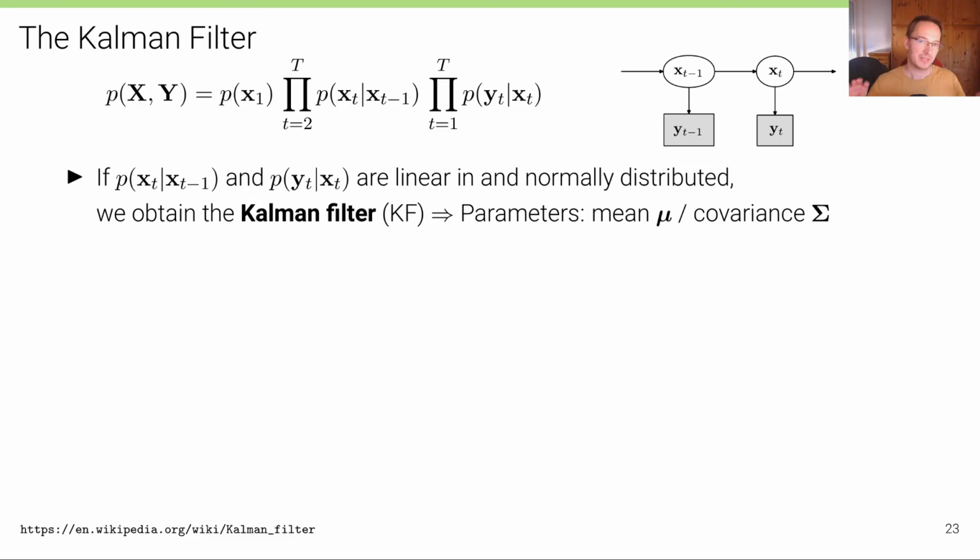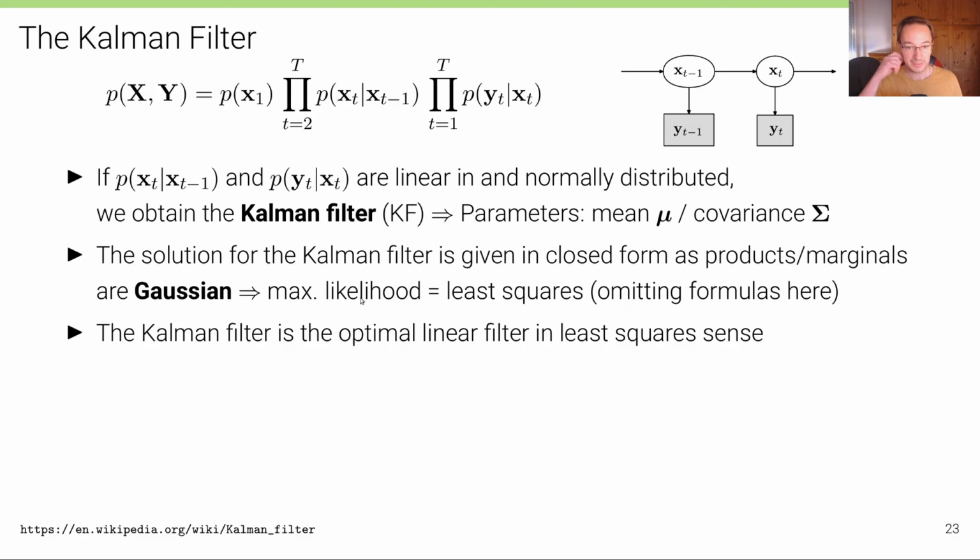Now there are some special cases to this Bayes filter, and the most prominent by far is the famous Kalman filter. If the motion model and the observation model are both linear and normally distributed, we obtain the Kalman filter. And so in this case, we're tracking a Gaussian distribution. So we're tracking the parameters, which are the mean vector and the covariance matrix.